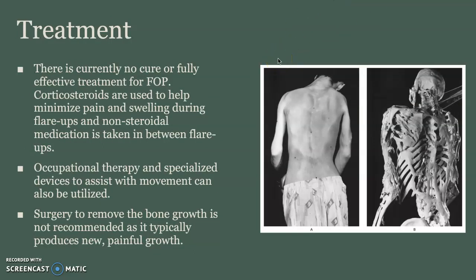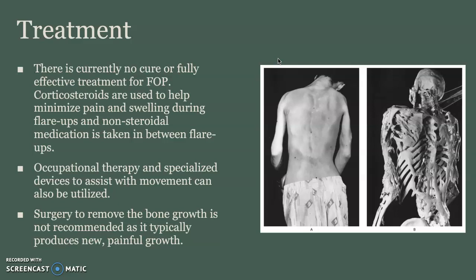So as far as treatment goes, there's currently no cure or fully effective treatment for FOP. Corticosteroids are used to help minimize pain and swelling during flare-ups, and non-steroidal medication is taken in between these flare-ups. Occupational therapy and specialized devices such as braces and shoes to assist with movement can also be utilized.